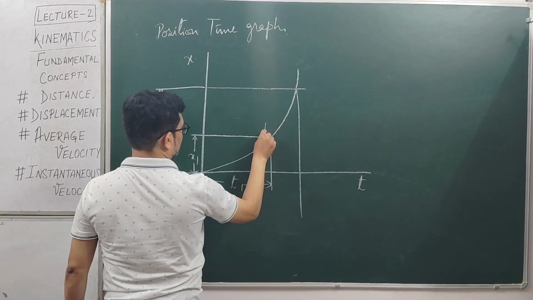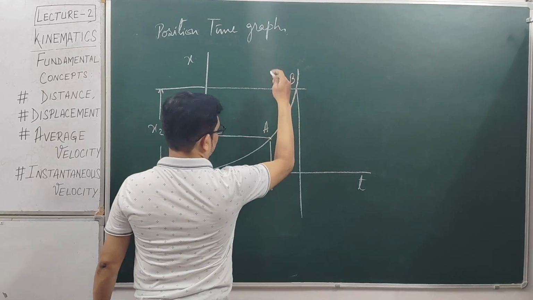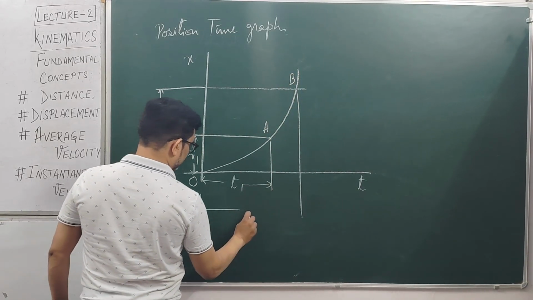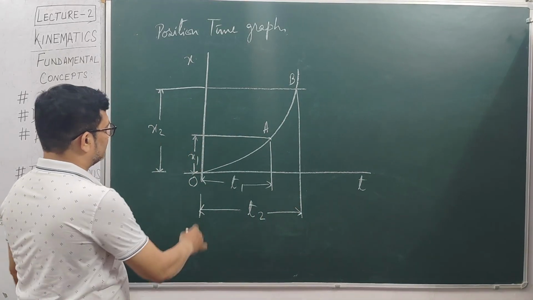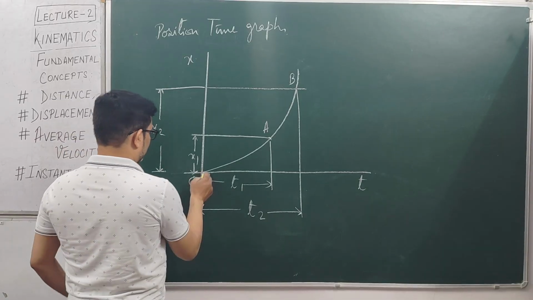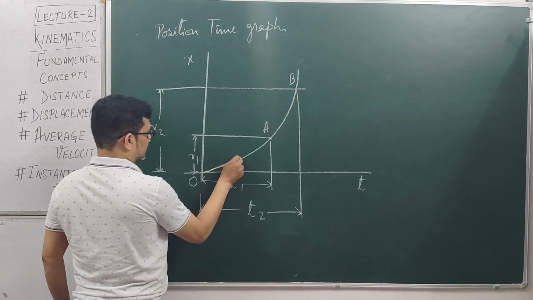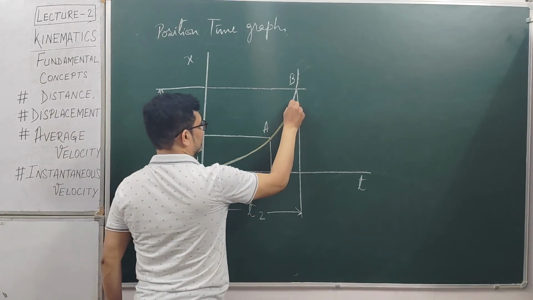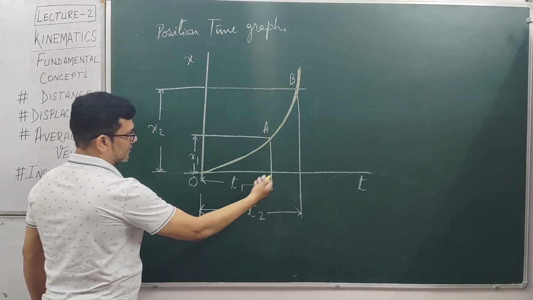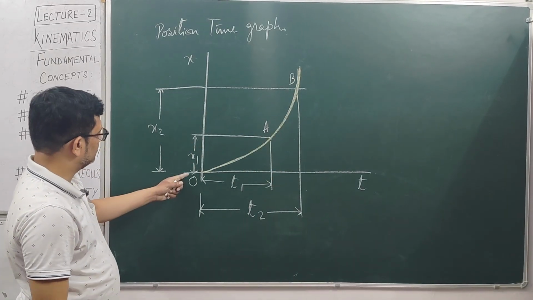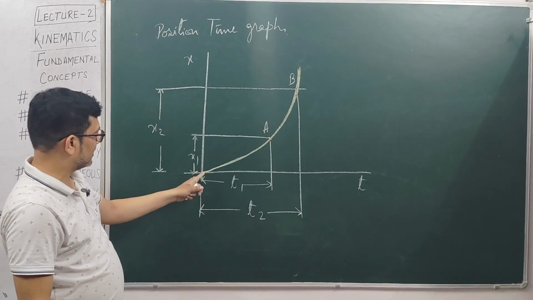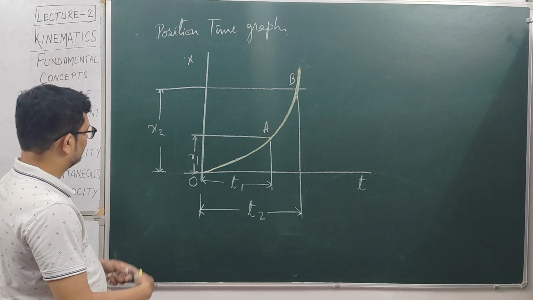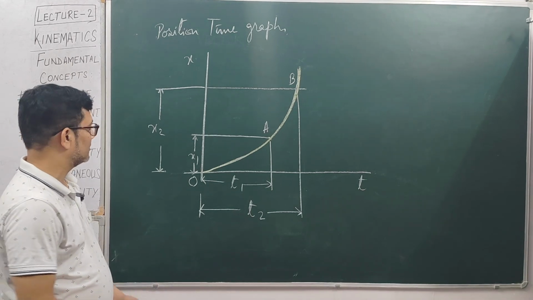So this is suppose A and this is suppose B. So the time here is going to be t2. And this is the path here. This is the actual path that you have traced as moving along the time. You take down the positions that you have been displaced, and then when you plot, you get a curve, because that's what the situation was.